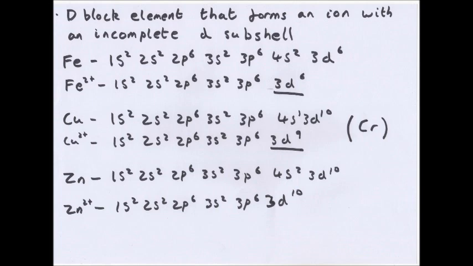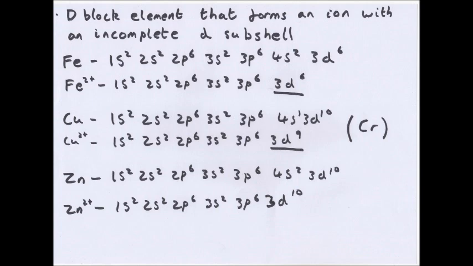But the ion Fe2+ is 1s2, 2s2, 2p6, 3s2, 3p6, 3d6. Because it's 2+, it has lost 2 electrons from the 4s subshell, meaning it's got no electrons in its 4s, and then it's just 3d6. 6 is not 10, so it is an incomplete d subshell, so it is a transition metal.